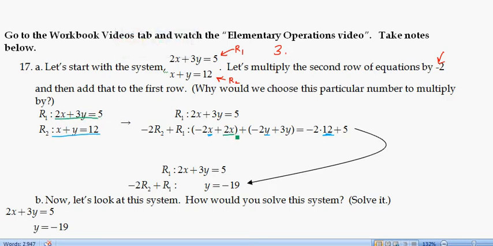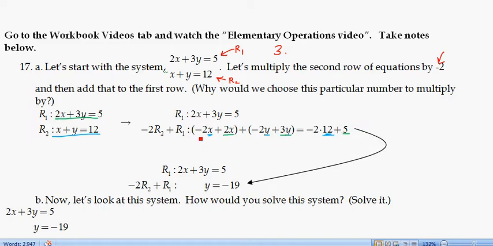So here's my row 1 x term, here's my row 1 y term, here's my row 1 constant term, right? So let's look at what we just did here. We have -2 times row 2 plus row 1 for the x term, plus -2 times row 2 plus row 1 for the y terms, and then likewise the same thing for the constant.